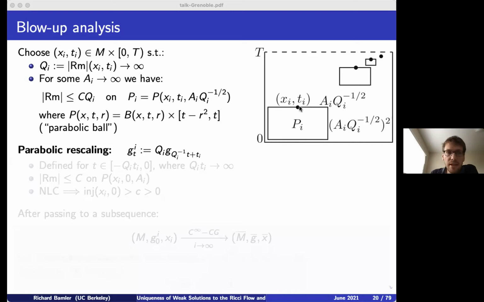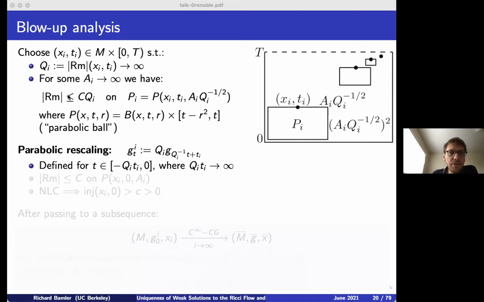And these new flows are now defined on this time interval, from minus qi ti up to time 0. Note that since qi goes to infinity, this product goes to infinity. So these flows are defined on longer backwards time intervals.